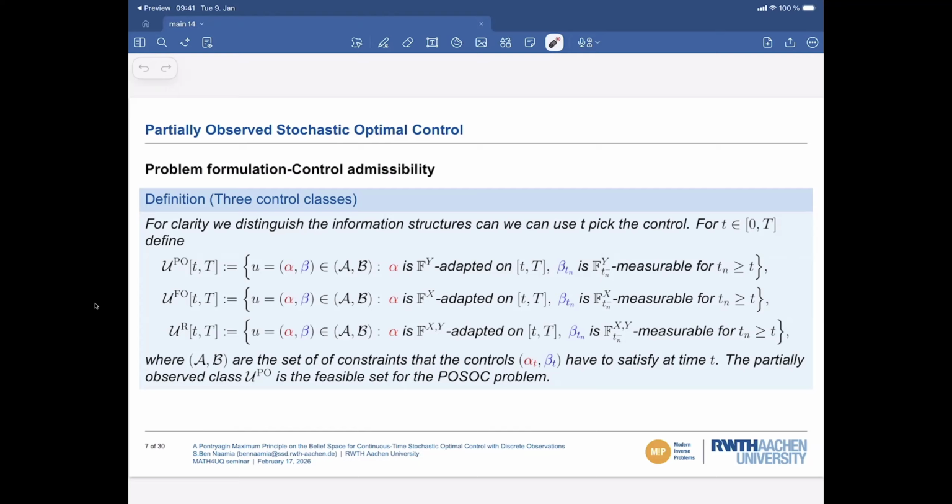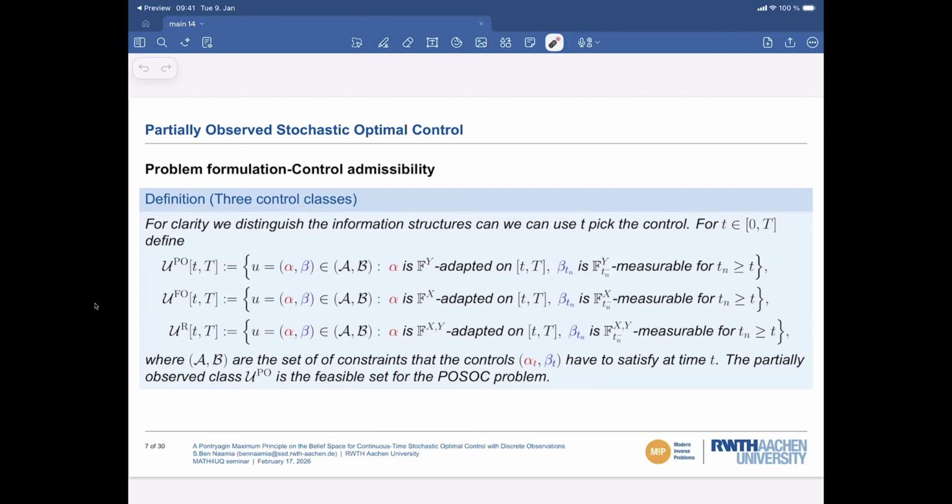Now, the U^R, which is this class of new controls, is a control that can see X and Y. We call it U^R for a particular reason: we can look at this class of controls as if it were a randomized class of controls. What do we mean by randomized? In general, when you are controlling a process, you can control it in a deterministic way, which is called a pure strategy.